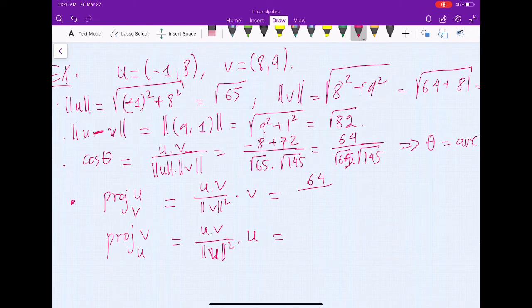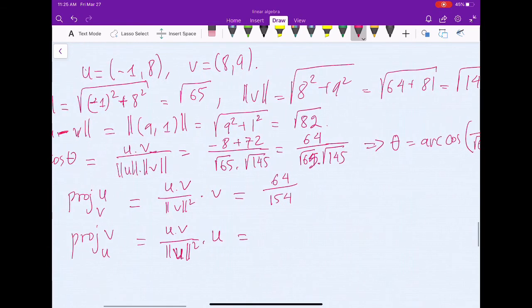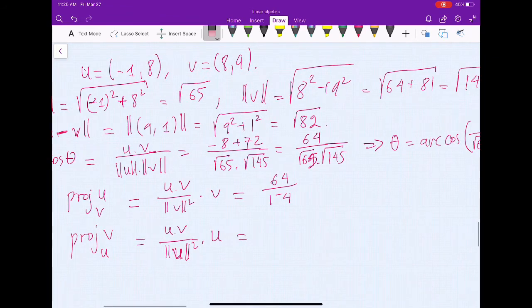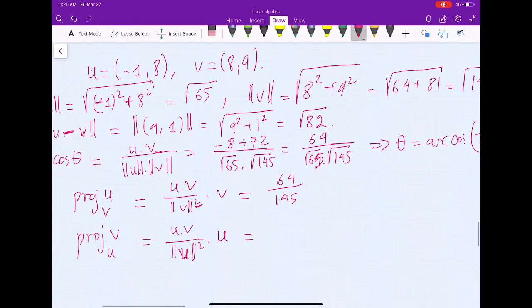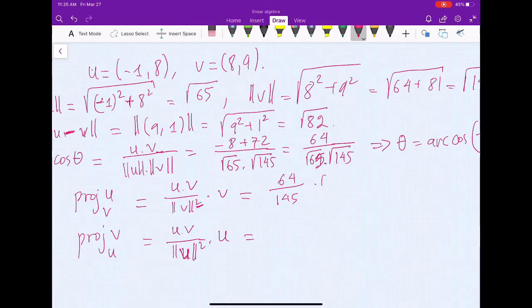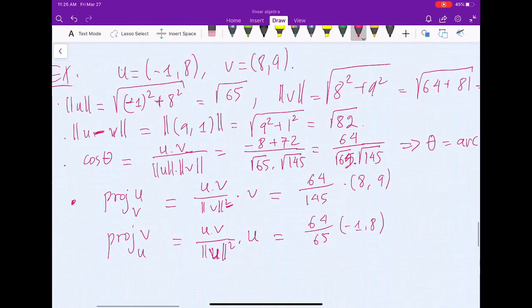And the norm of V squared is 145. You know, we apply squaring here, so you don't have the square root anymore, right? Times V, which is (8, 9). And the other one, I have 64 over 65 and (-1, 8). So you see, it's pretty easy, okay?